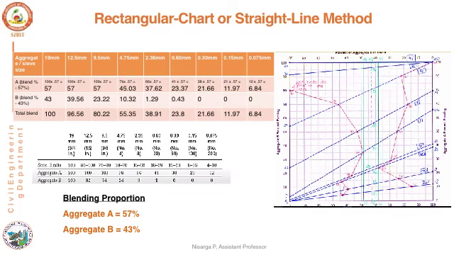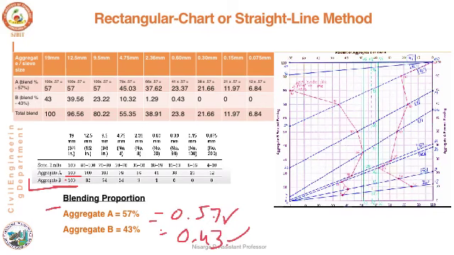So for 57%, the fraction value becomes 0.57, and for aggregate B, the decimal value becomes 0.43. So all the percentage passing values of aggregate A are multiplied with 0.57, and the percentage passing of aggregate B is multiplied with 0.43.